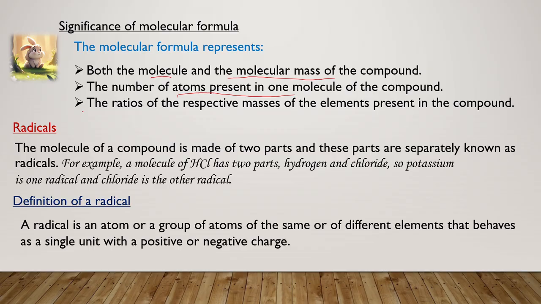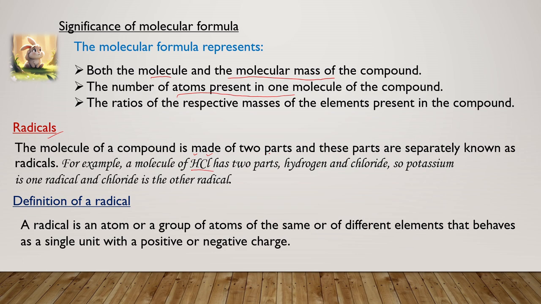Okay, the next topic is radical. We have seen that the molecule of a compound is made of two parts, isn't it? For example, HCl has two parts, one is hydrogen and the other one is chloride.